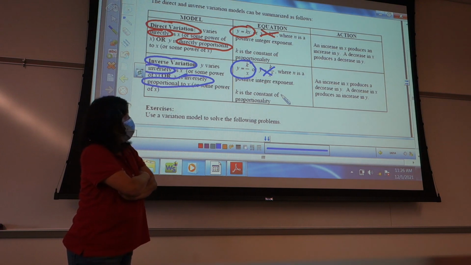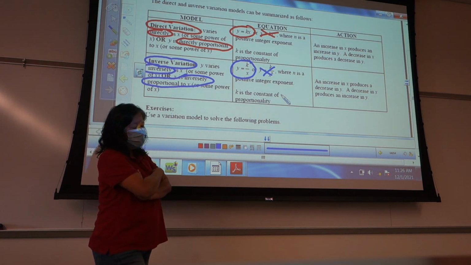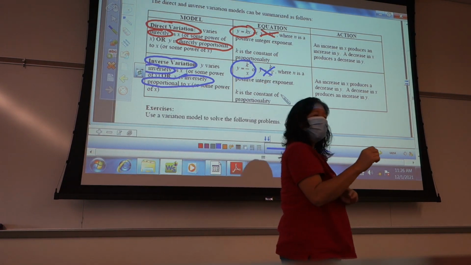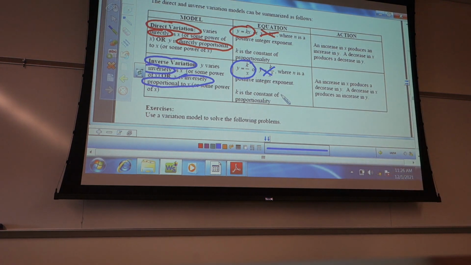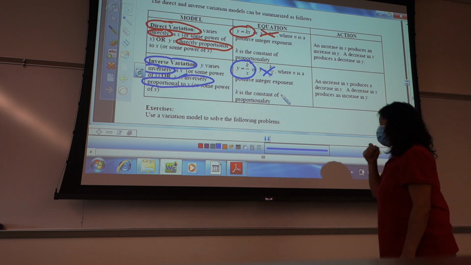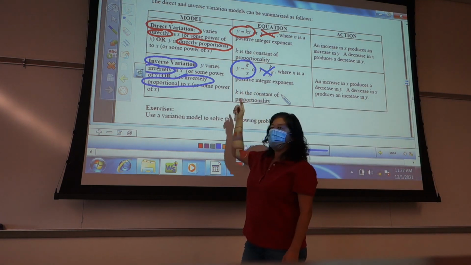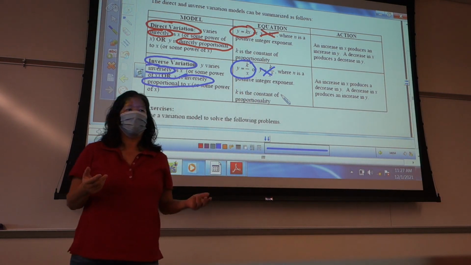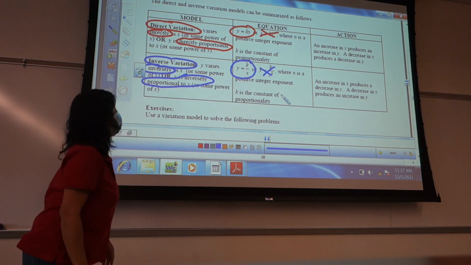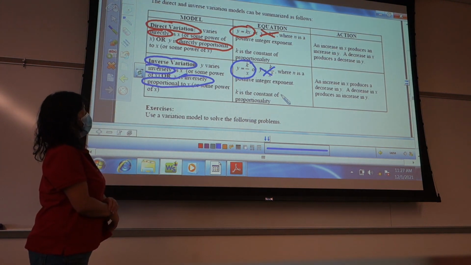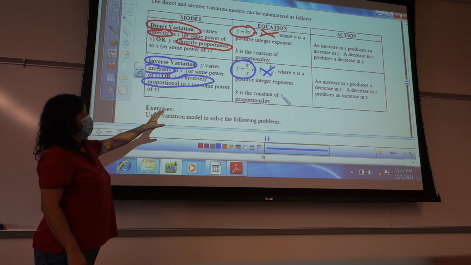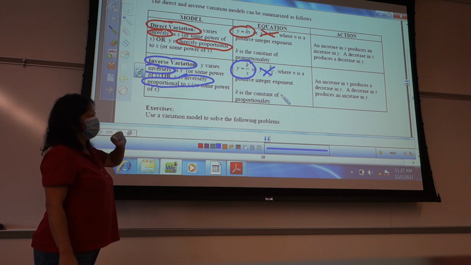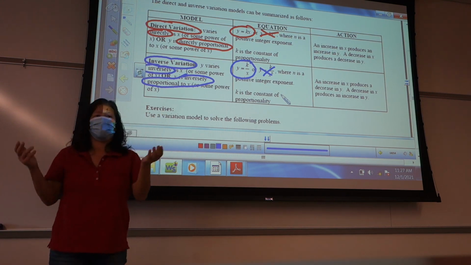So all you need to do is identify what your x and your y are. I recommend having your y be the one that you're trying to find, the one you don't know. So you're given two scenarios.